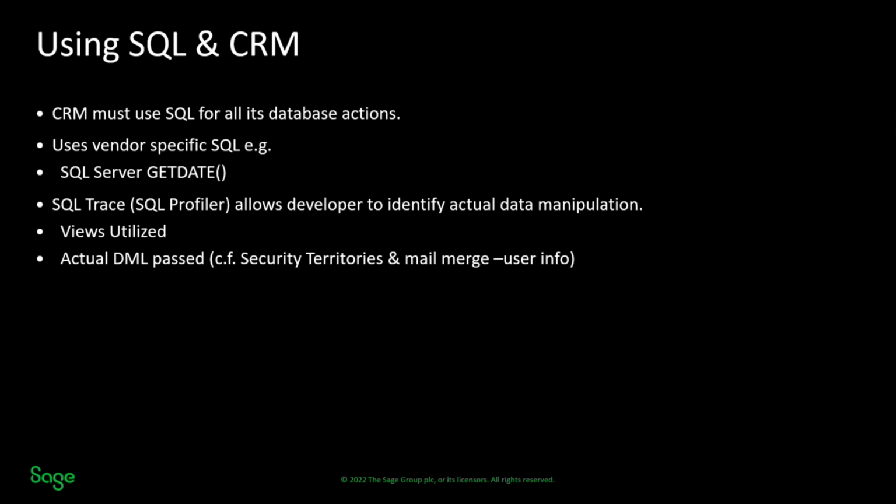And in this course we'll look at some instances of the actual SQL that is passed from the system into the database, and see how Sage CRM's application layer, the constructs and rules inside it, dynamically change the SQL that is generated.